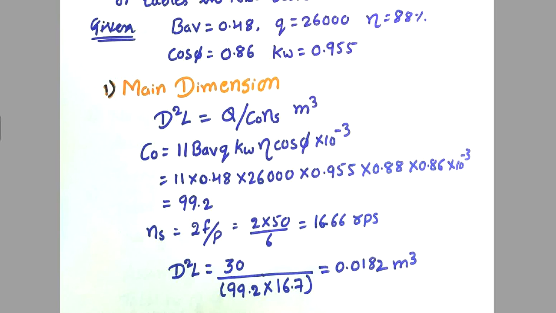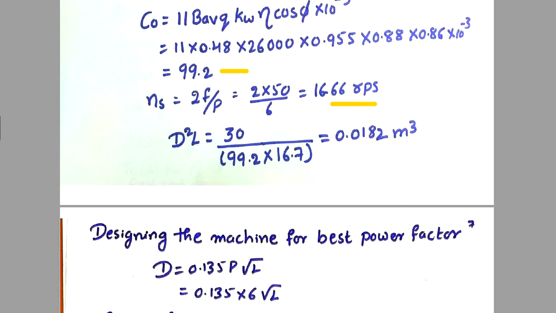The same thing, as we solved for the previous problem by applying the formula: you will get C0 as 99.2 and Ns as 2f by p, so 2 into 50 by 6, which is 16.66 rps. The product D square L is 0.0182, and the 30 kilowatt was given in the question.